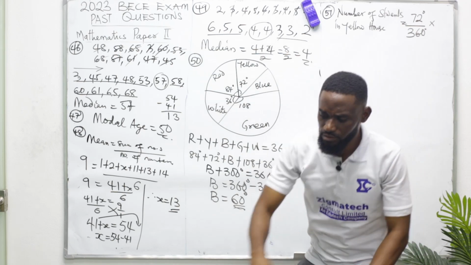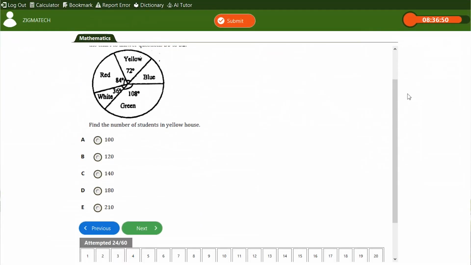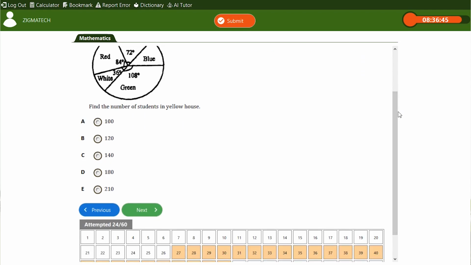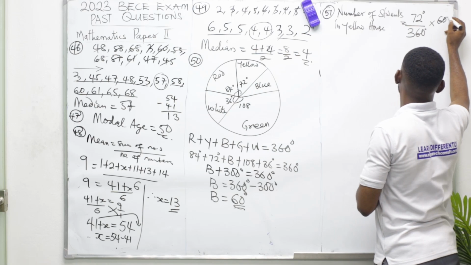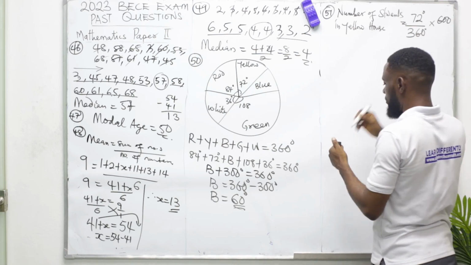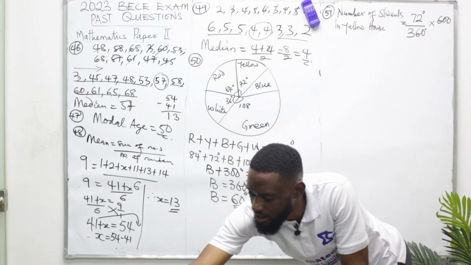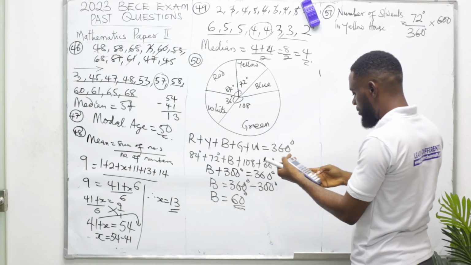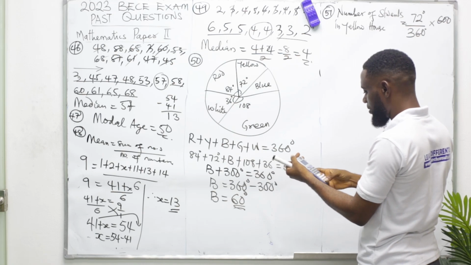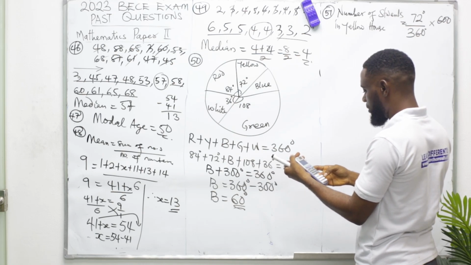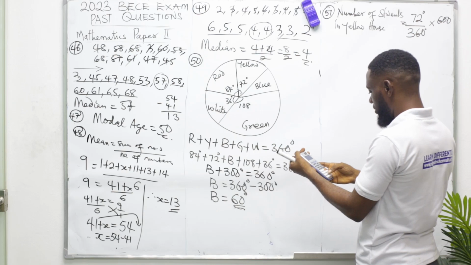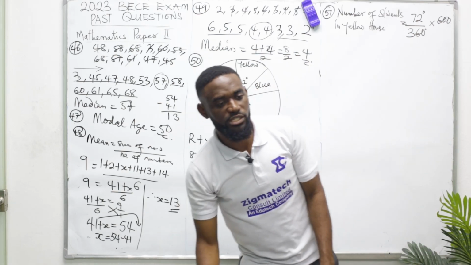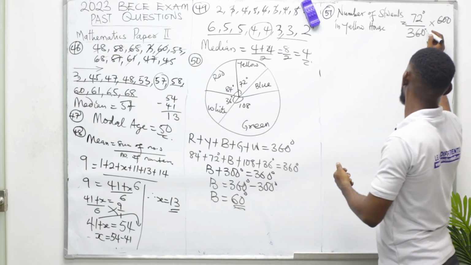Let's confirm that from the question: how many students? 600 students. So times 600 students, right? So if we do that, we'll have 72 times 600 divided by 360, which is 120. So we have 120 students in yellow house, right?